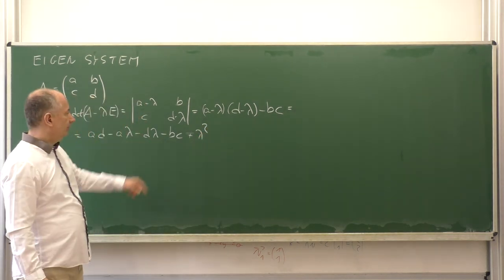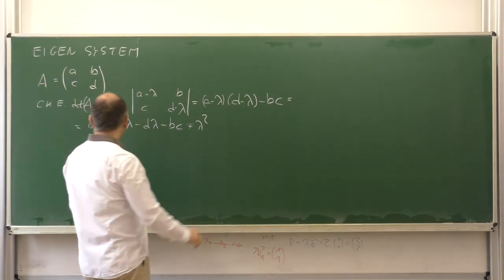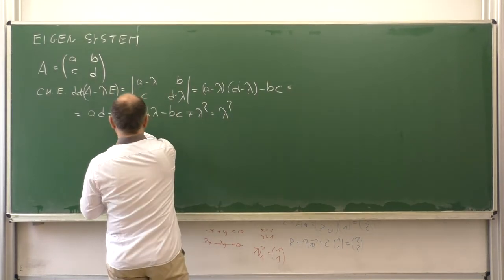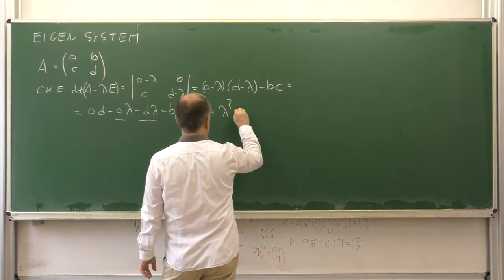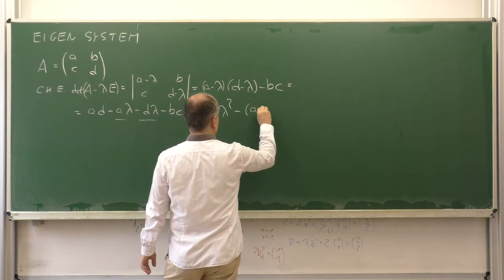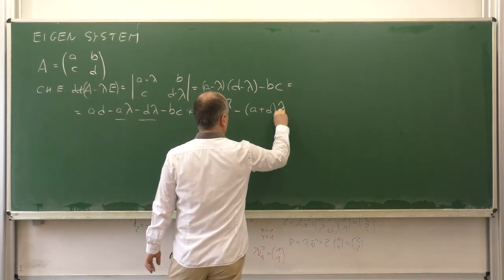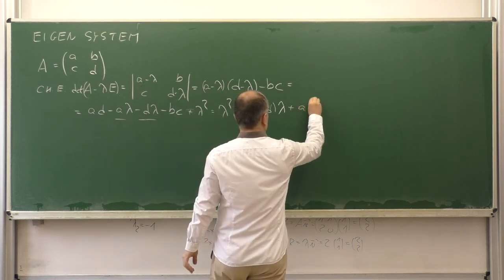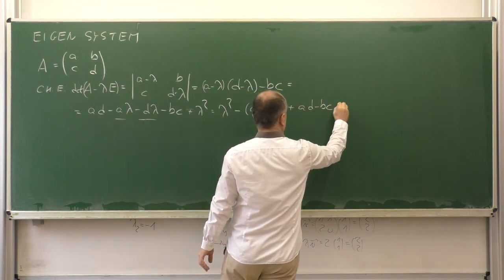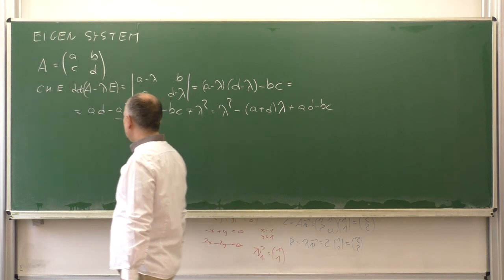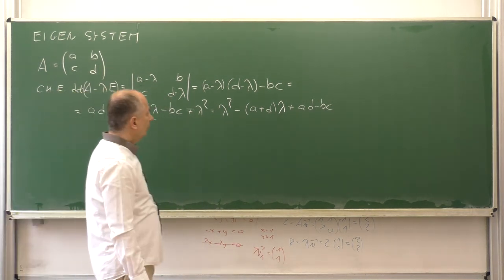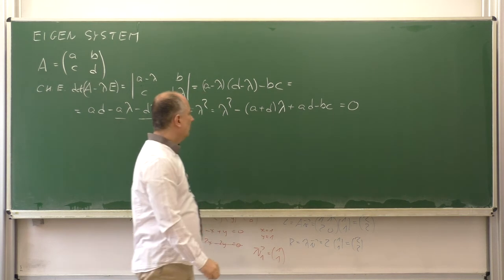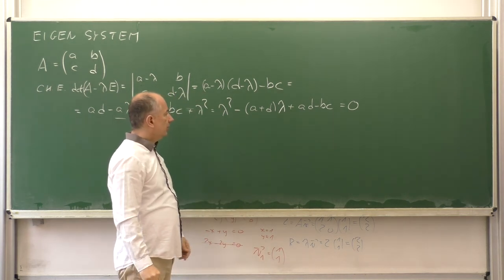So this is lambda squared, and from these two terms we can factor out lambda, and we have minus bracket A plus D times lambda plus AD minus BC. And we want this to be equal to 0. So this is a quadratic equation.